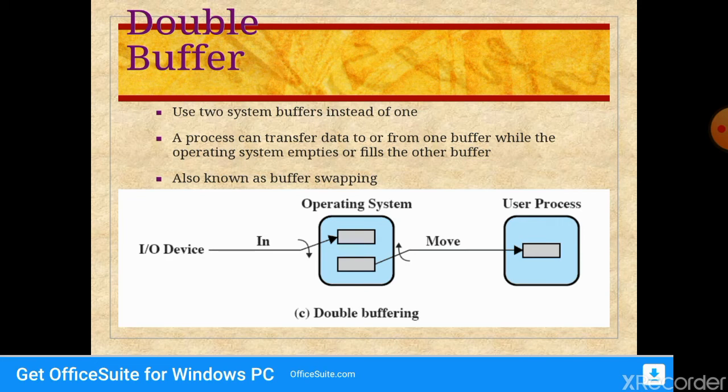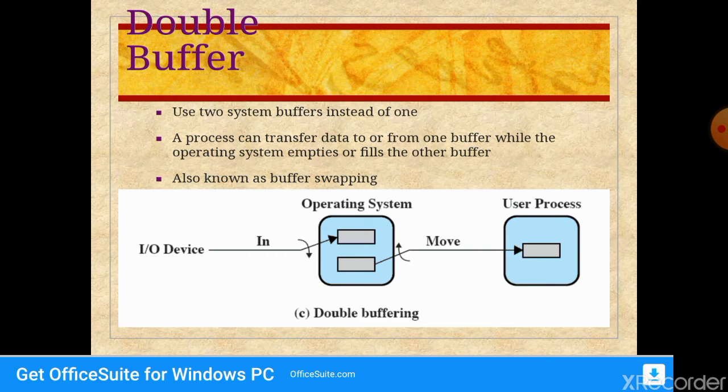When both the operating system and the process doing buffering depend upon the disk read write operation, the disk is overloaded, so that a big queue is formed, and both have to wait till their turn comes. In order to avoid this problem, a concept called double buffering or buffer swapping is introduced.